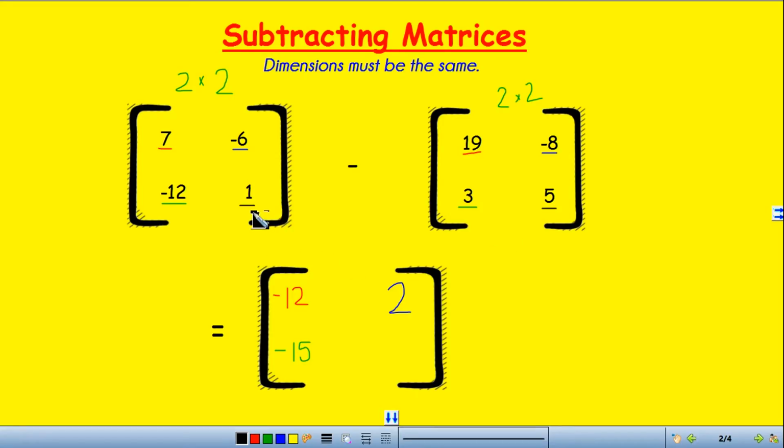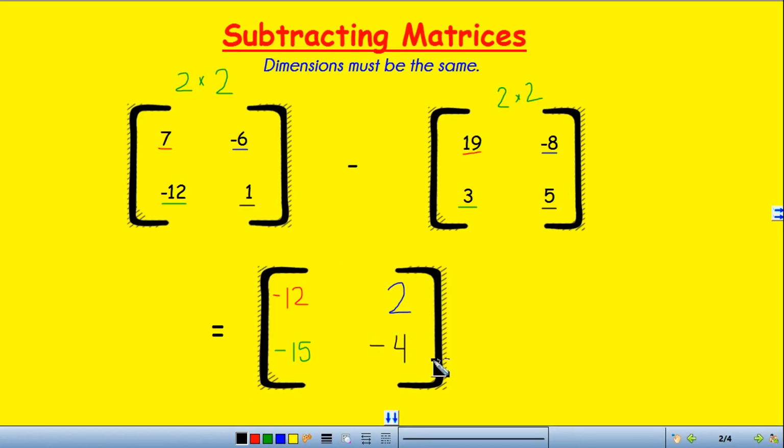So we have 1 minus 5, which is the same as 1 plus the opposite of positive 5, which is negative 5. So 1 plus negative 5 is going to give us negative 4.